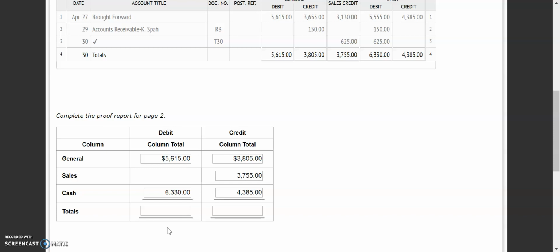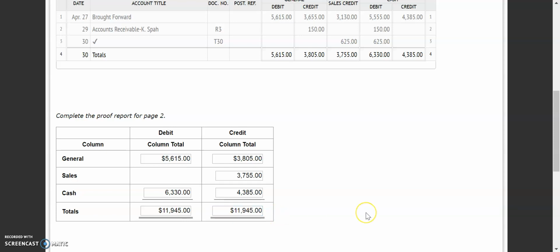Mine's being slow. Okay, so we add up our debits, and I get 11,945. And for credits, I get 11,945. So when our debits equal our credits, as accountants, we're very happy people.